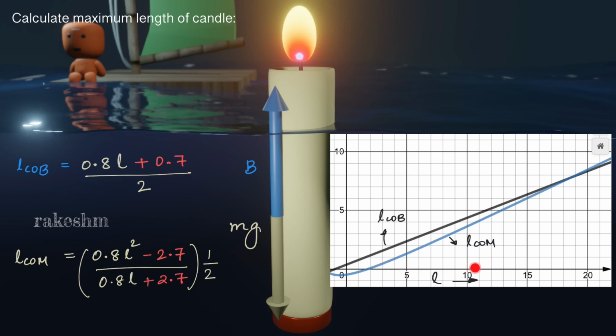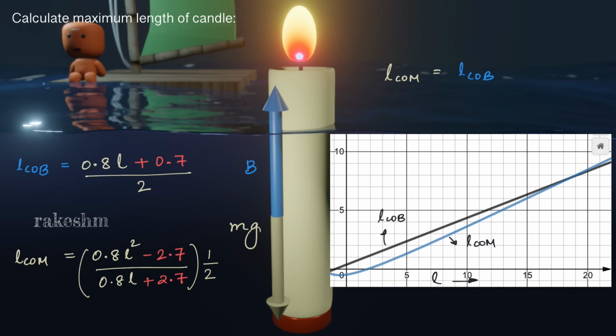As we increase the value of L, the center of buoyancy is increasing and the center of mass is also increasing. But at one point, the center of mass goes above the center of buoyancy. So for lengths of the candle up to here, the candle can float stably. For getting the maximum length of the candle, we can equate LCOM and LCOB.